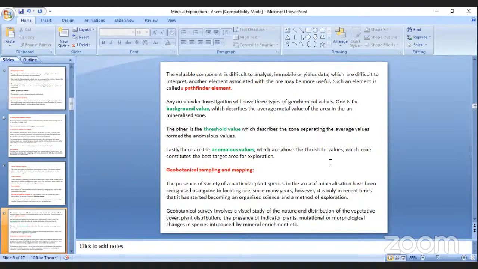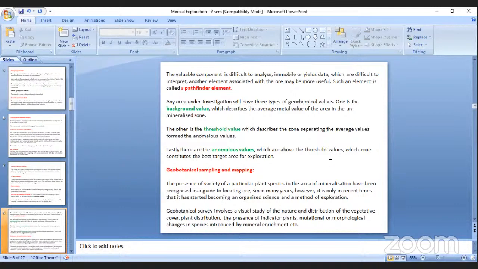Rock formations again fall into three categories: sedimentary, metamorphic, and, one more important one, igneous. There are three types of rock formations. In all three types, every element has its own nature and its own value. This own value is called the background value.